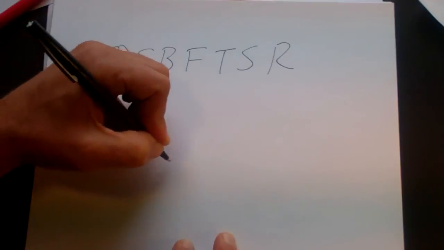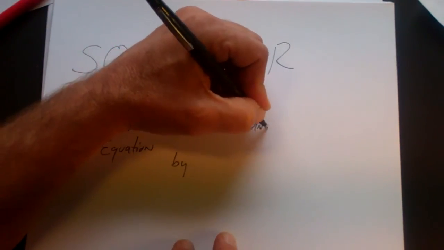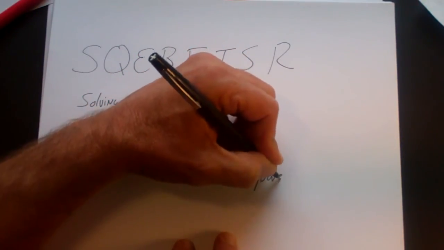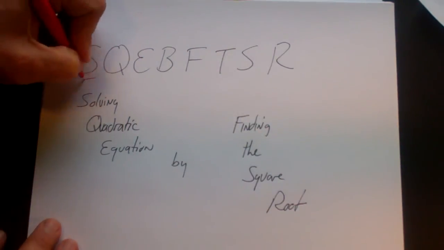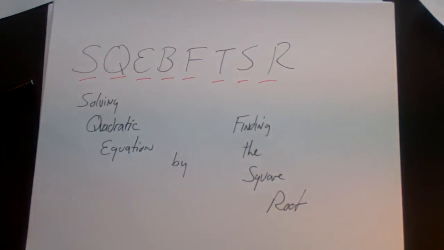We're solving them by finding the square root. So rather than going through this each time, I just call it solving quadratic equations by finding the square root. And that's how you solve quadratic equations when there's an x squared term but no x term.